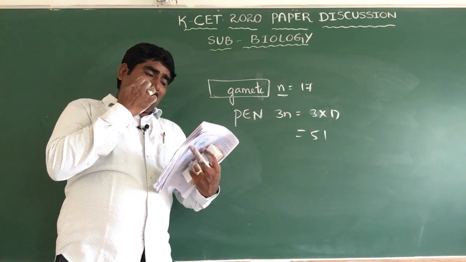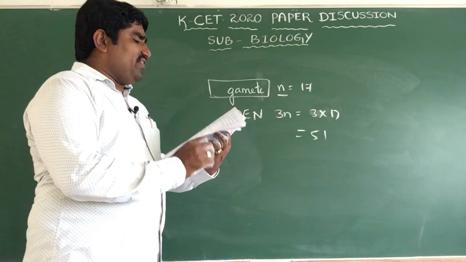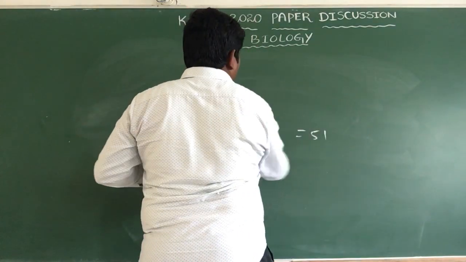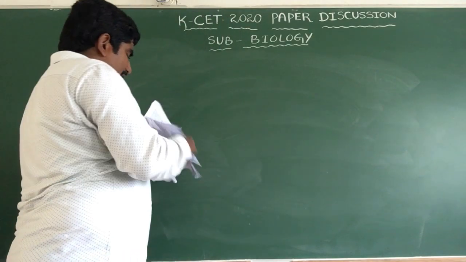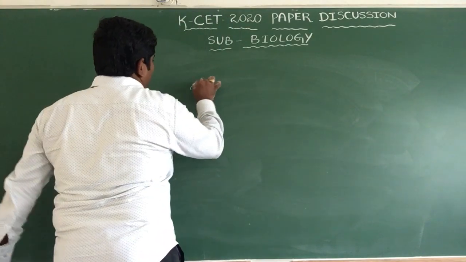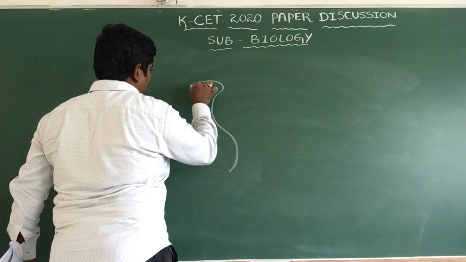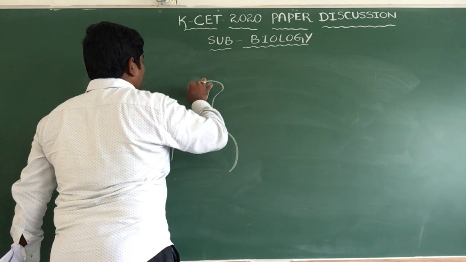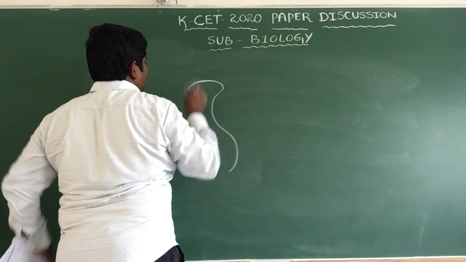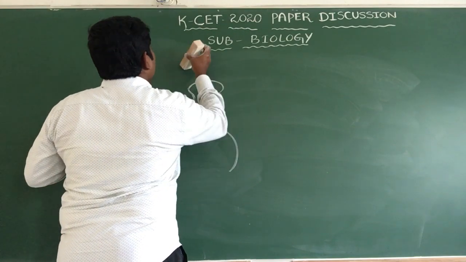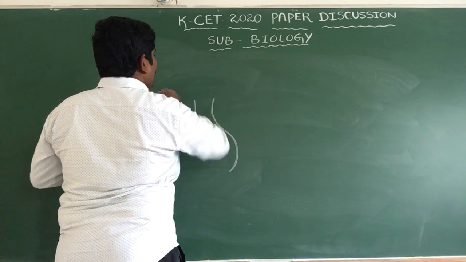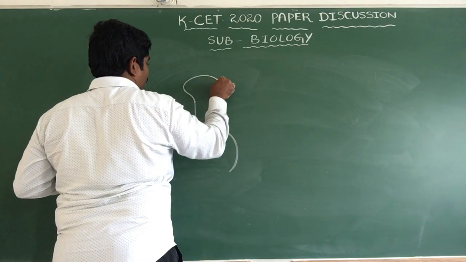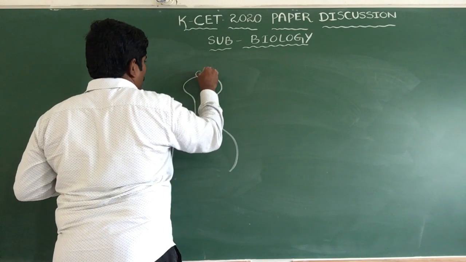Next one, 58. Identify the correct order of events. First, what will happen? This is the stigma. Pollen grains will be placed on the stigma like this. So these are pollen grains.